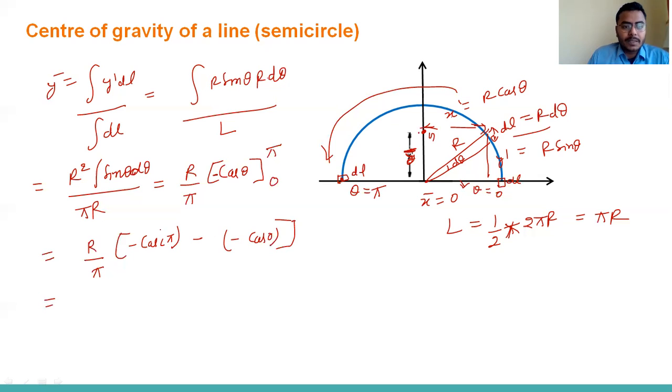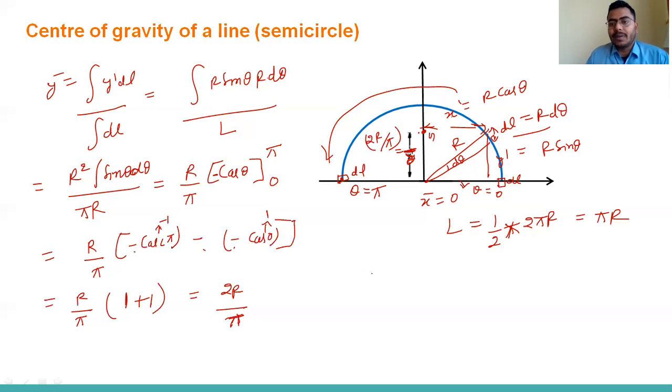Minus of cos pi, this is basically minus of minus 1 and minus of cos 0 is basically minus 1. So what we are getting: r divided by pi into minus, so it will become plus. Here also minus into minus, it will become plus 1. So we can say 2r by pi. So in this case, we are getting y bar as 2r by pi.